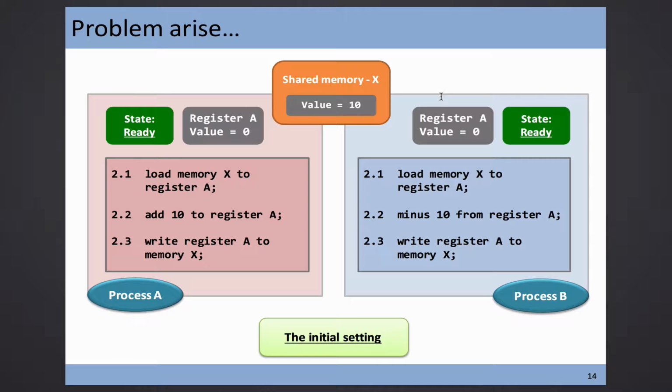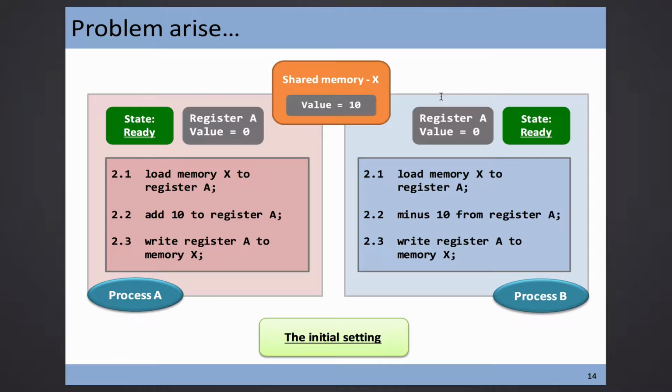I should say you're loading it into a register, and the register is temporarily owned by a particular process, A or B, no problem. After you load it in, you modify the value inside the register, and you load it back to the shared memory. That is common practice when you learn about assembly language. If you don't know assembly language, I tell you this works inside a black box called the CPU. The CPU is doing something like that.